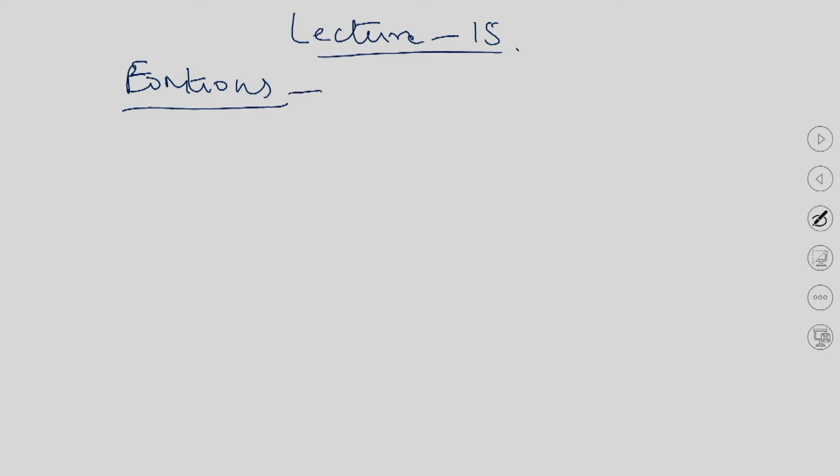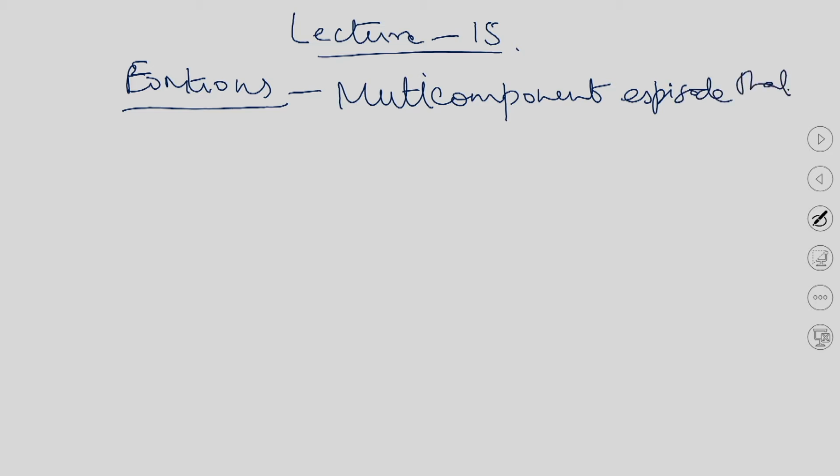So, emotion has been defined as a multi-component episode that creates the readiness to act.